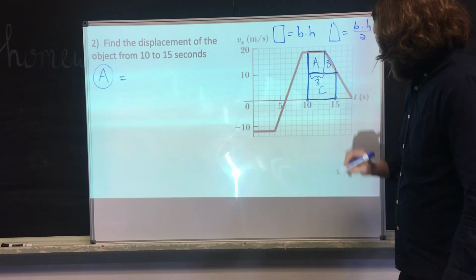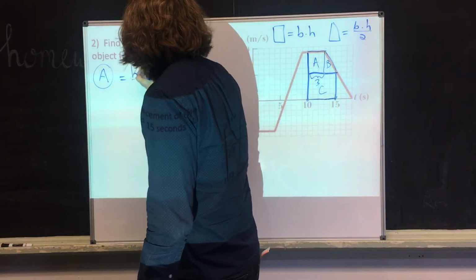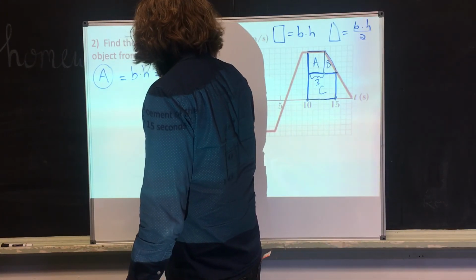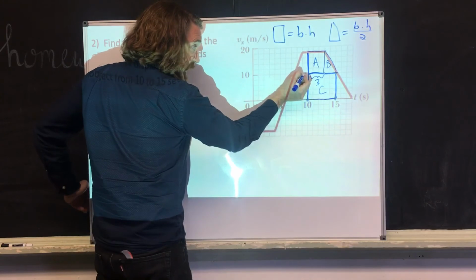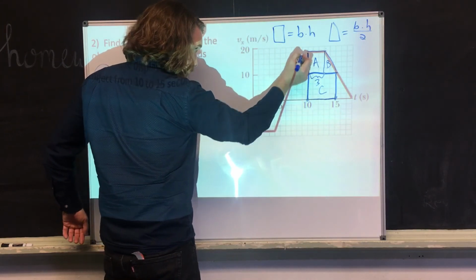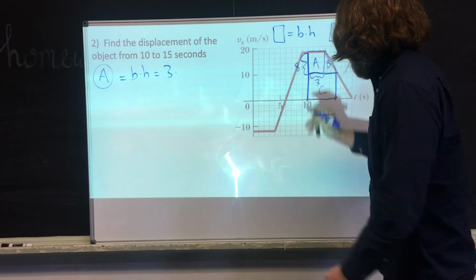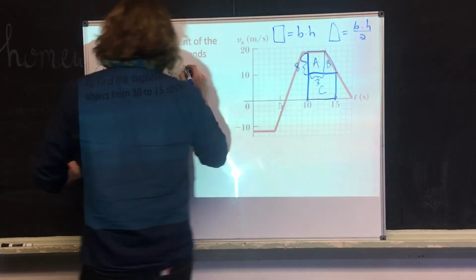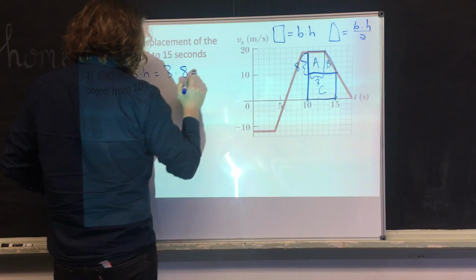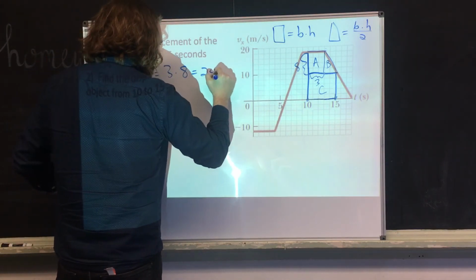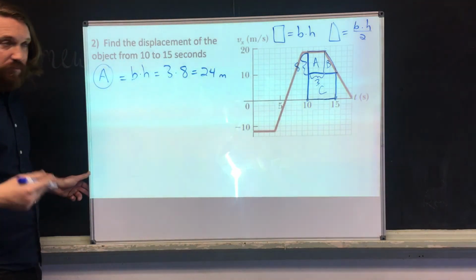So this is 3. So this is equal to base times height, which is equal to 3 times my height. Well, my height goes from 10 to 18. That's a height of 8. 3 times 8 is 24 meters.